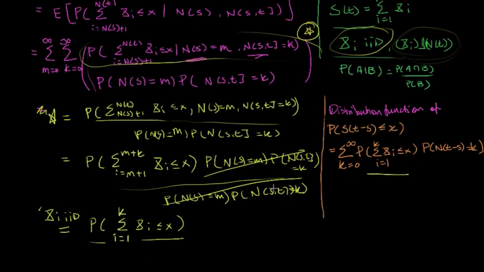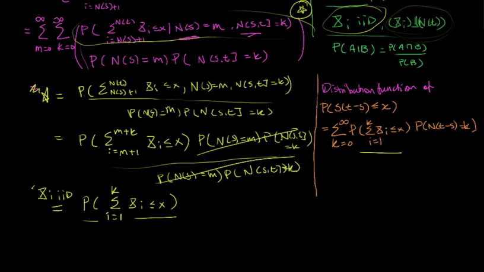So now let us continue our original calculation, which is now equal to, so we still have the double sums, and now the entire first row we have established is equal to the probability that the sum of the first k xi's are smaller than or equal to x.